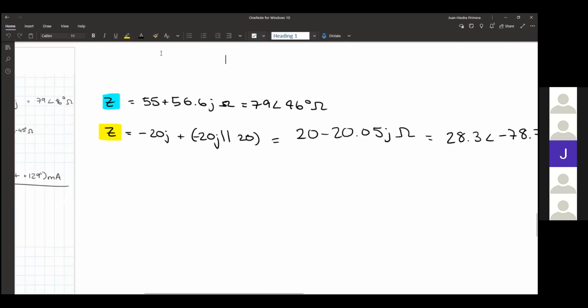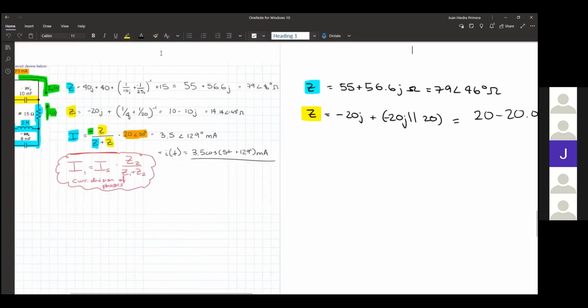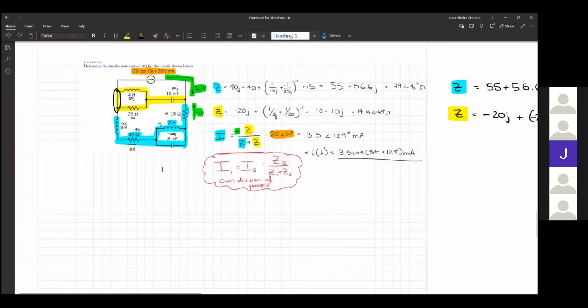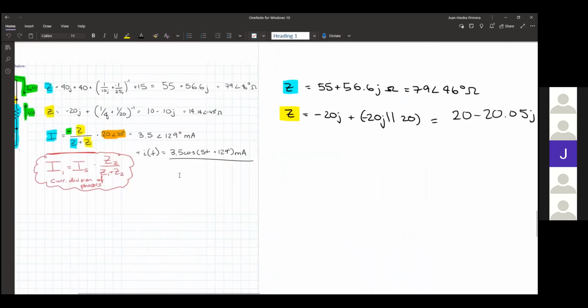Okay, yeah, so you end up with those two parallel impedances. So to find the current going through the blue branch, which is the IFT we want, we're going to do our good old current division. So current division is we want current for the blue, which means that we grab impedance for the blue.